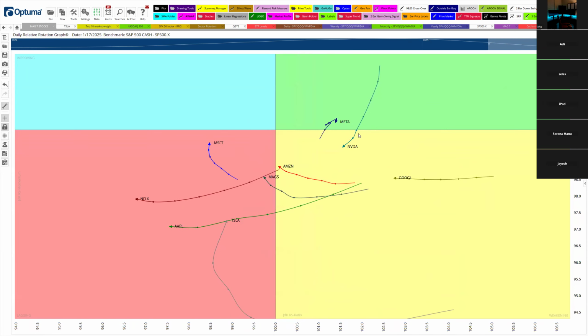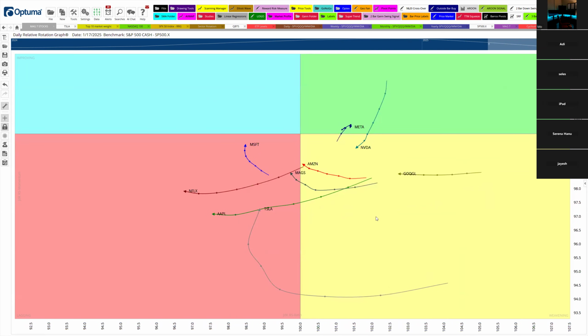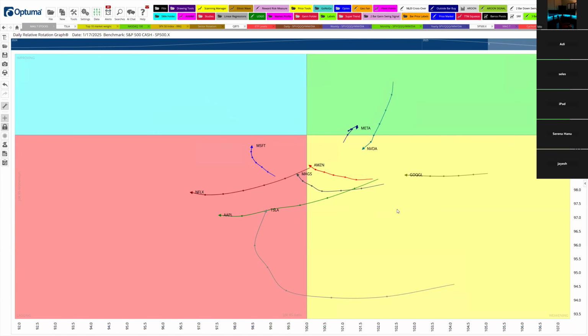See NVIDIA right there? NVIDIA has to wait. Microsoft is the only one that I could see. Amazon only played this one. I'll consider it again. Meta is moving down. Netflix is going into earnings. Look where it is. I think Netflix is going to take a hit on earnings.